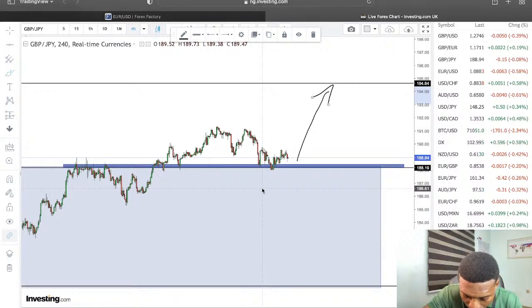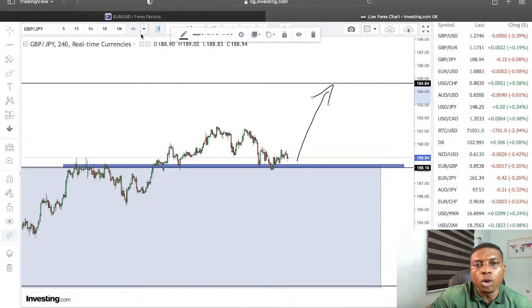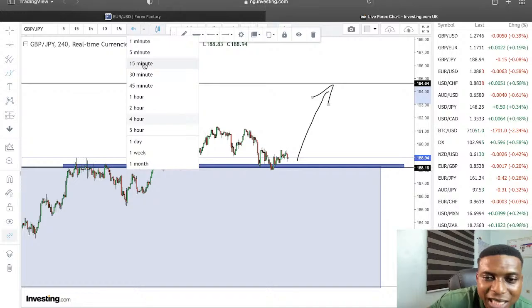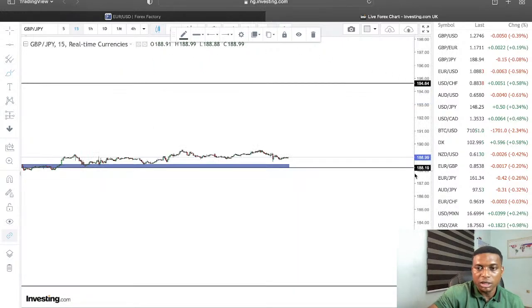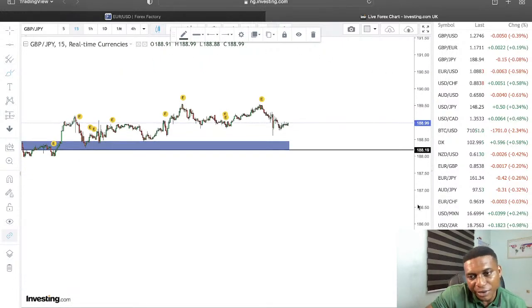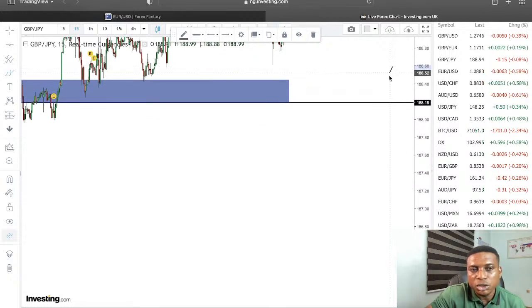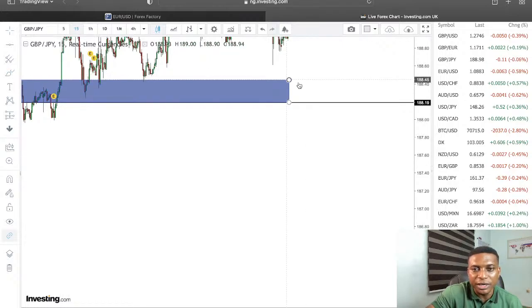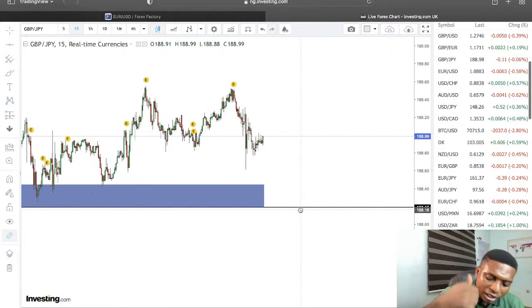Someone says, is it good to hold trades with time frames like 15 minutes to the next day? No. When you are trading with time frames like 15 minutes, that's a short time frame. Using 15 minutes as your time frame shows that you are only interested in trading for a short period of time.